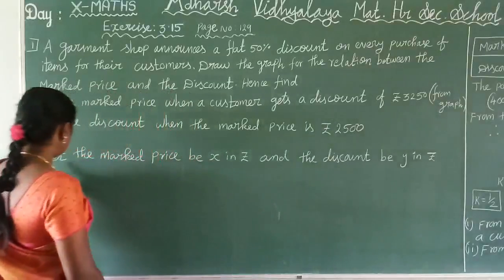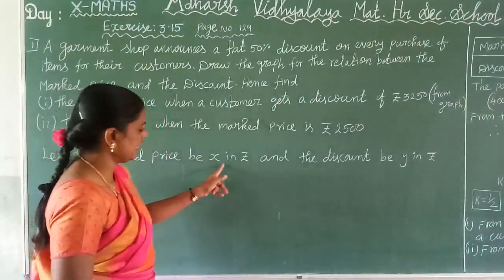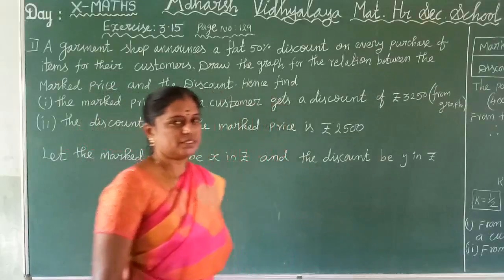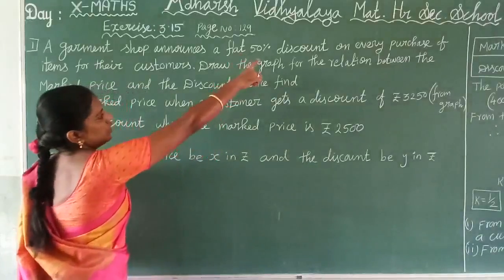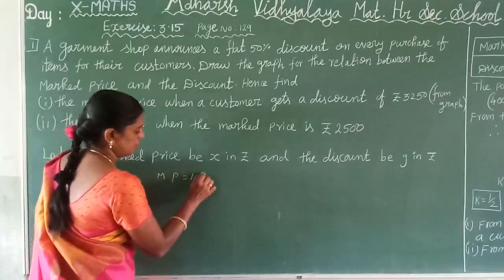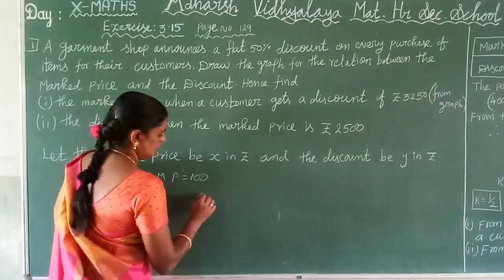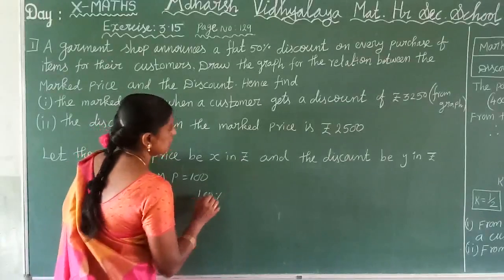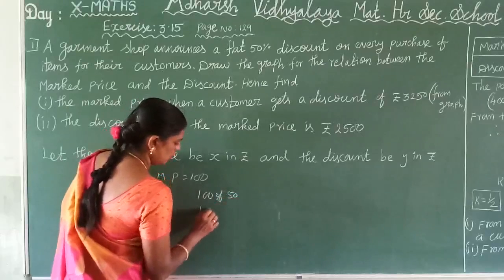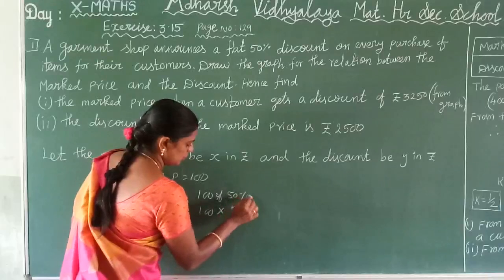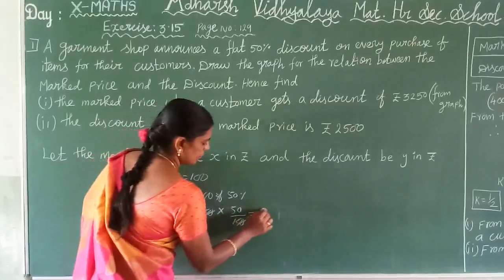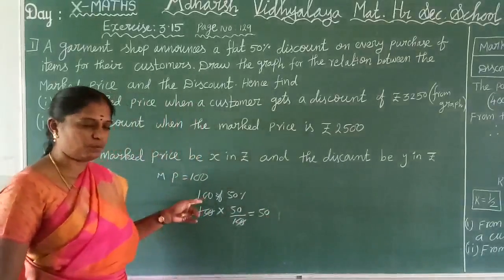Here we consider the market price to be x in rupees and the discount to be y in rupees. Here it is a 50% discount. So if the market price is 100, what is the discount? 50% of 100 is 50, so half of the amount.